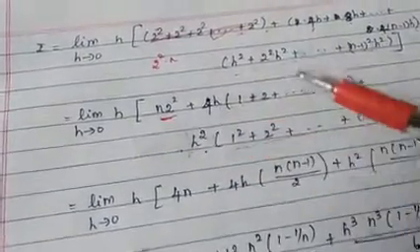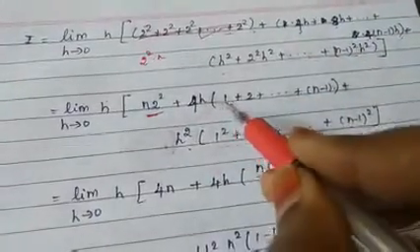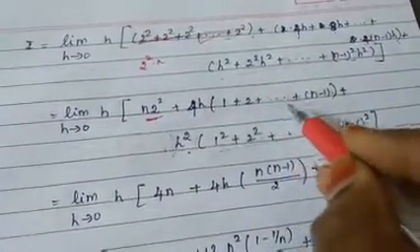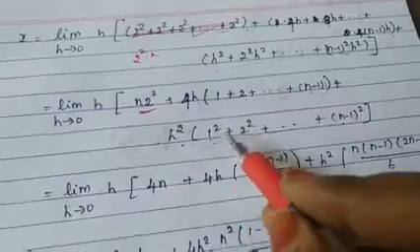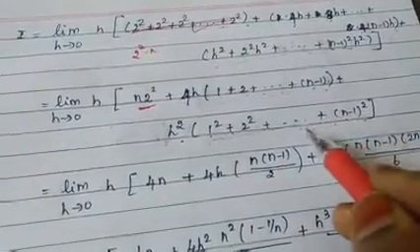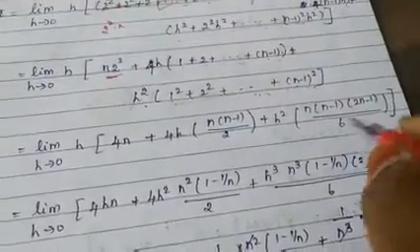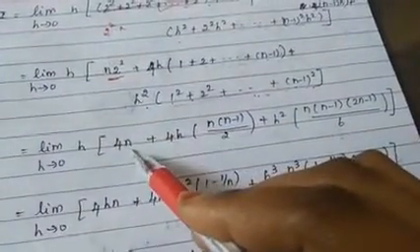You may get a constant term, an h term and an h squared term. Now, what is the formula for this? n into n minus 1 by 2. What is the formula for 1 squared plus 2 squared up to n minus 1 the whole squared? n into n minus 1 into 2n minus 1 by 6. That's what I have substituted in the next step. This 2 squared I have written as n itself.